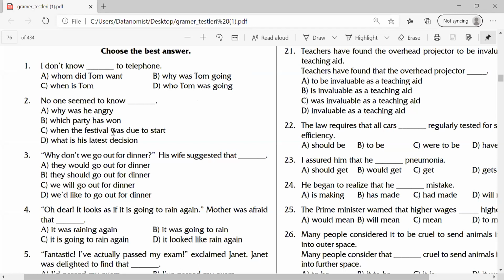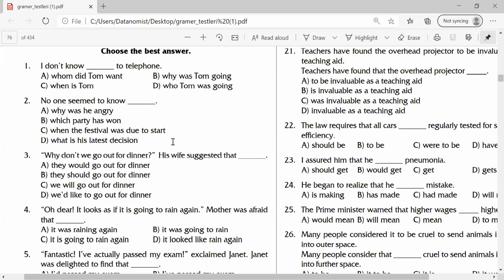Yes, S and V. No, this is also gone. Now again B and C. Then I will check when, here both S and V. But the problem is with seemed, and I want a past. This is past. C is the answer.